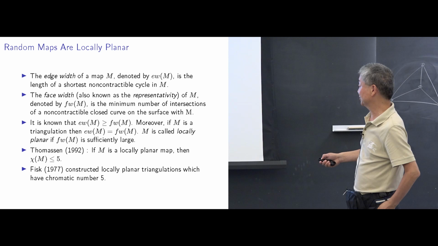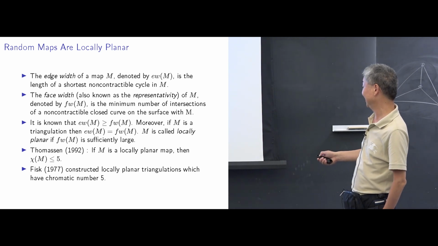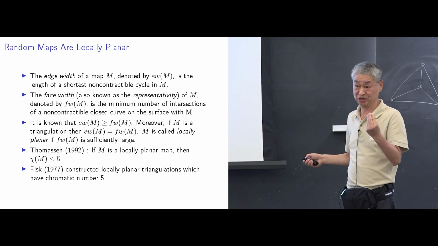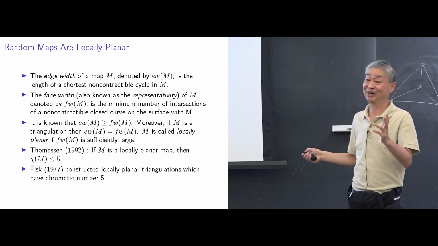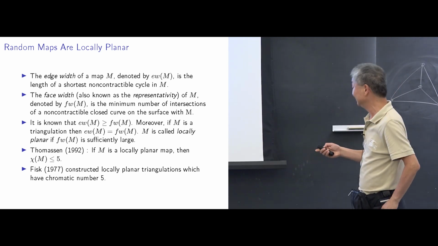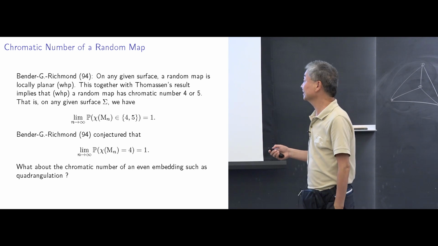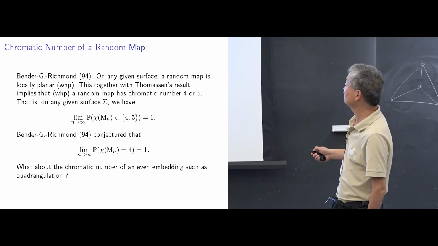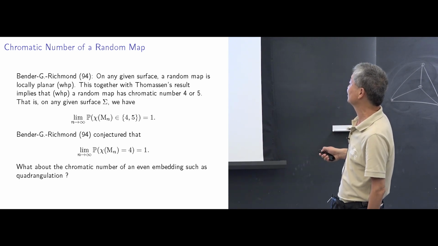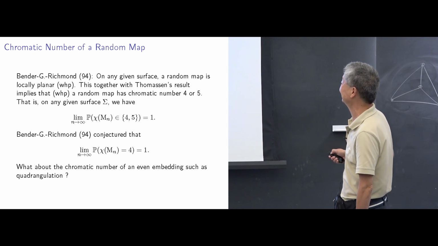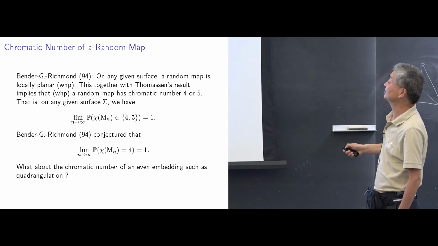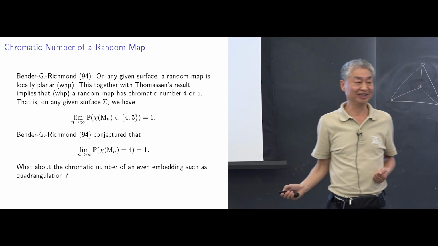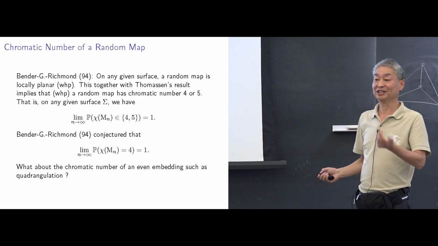However, it may still be true that the locally planar maps or triangulations here are very special. They're still a very tiny portion among all the locally planar maps. That's still a possibility. And so now it comes back to a result we proved earlier, when I was still a postdoc maybe. I wrote that paper, published in '94, with Ben and, again, Bruce Richmond, a faculty member here, with whom I did my postdoc.